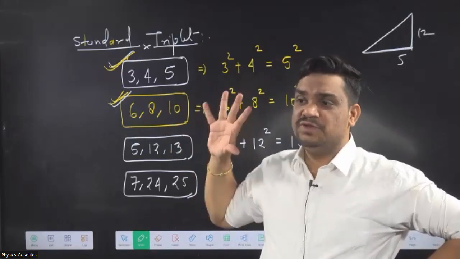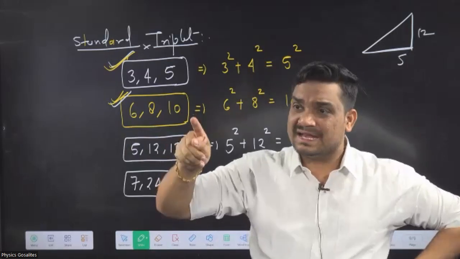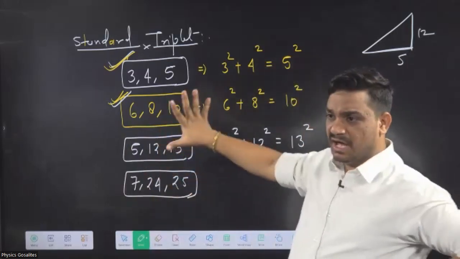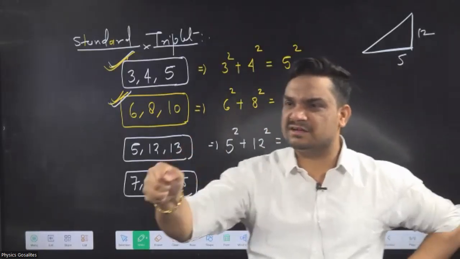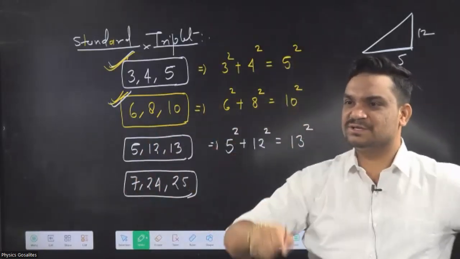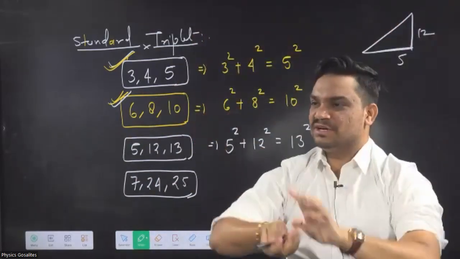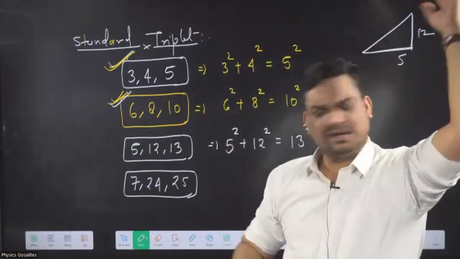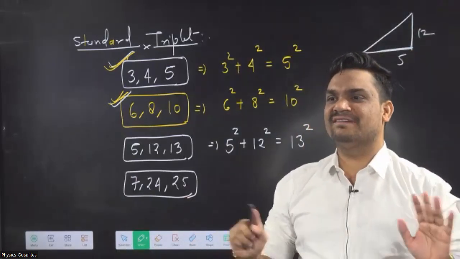We are going to keep in our mind just those triplets which we use regularly. Not that today you say, no, I am going to remember all the triplets, and then the whole night you are finding all the possible triplets on the internet and mugging them up. No, not like this.